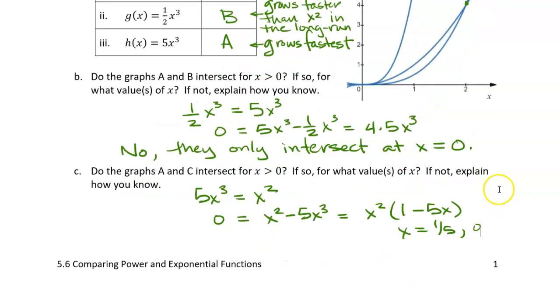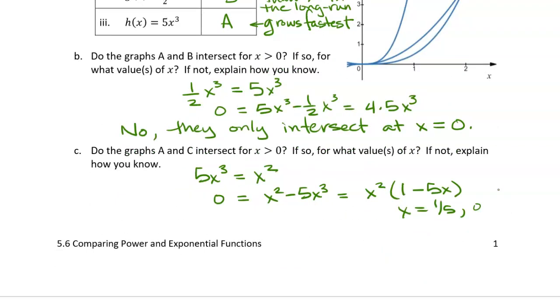So these two functions will cross at x equals 1/5. So yes, A and C intersect at x equals 1/5, or I could give you a point by putting in the corresponding value of y.